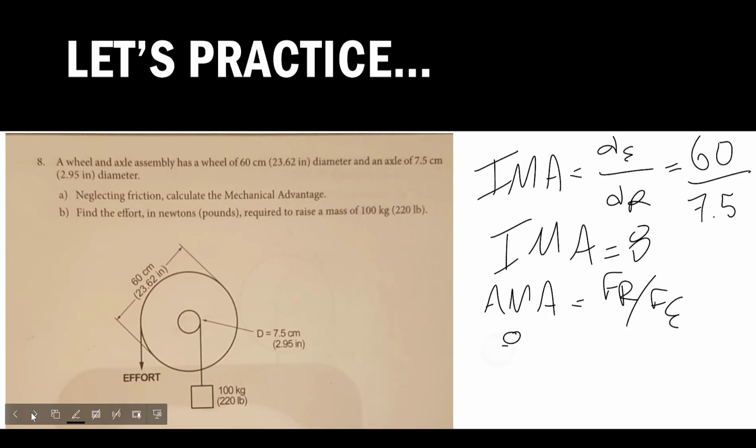So I could say 8 equals the resistance force of 220 pounds divided by our effort force, which I don't know. Okay, now here's where things can get tricky. You have to remember your algebra, okay? And don't be scared. Algebra is just the manipulation of numbers. So just remember your math steps.